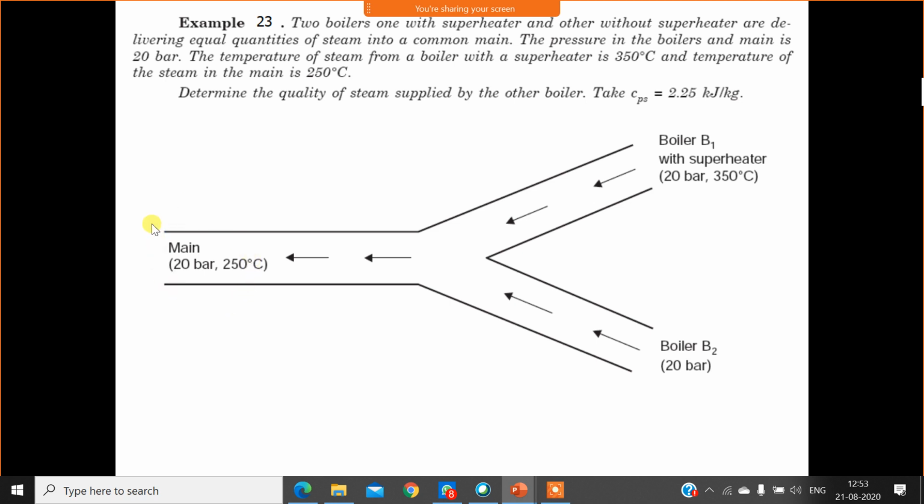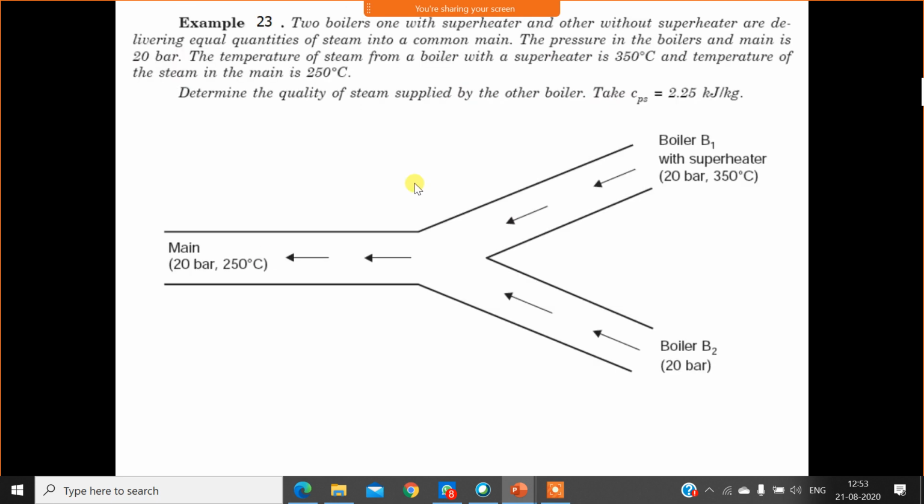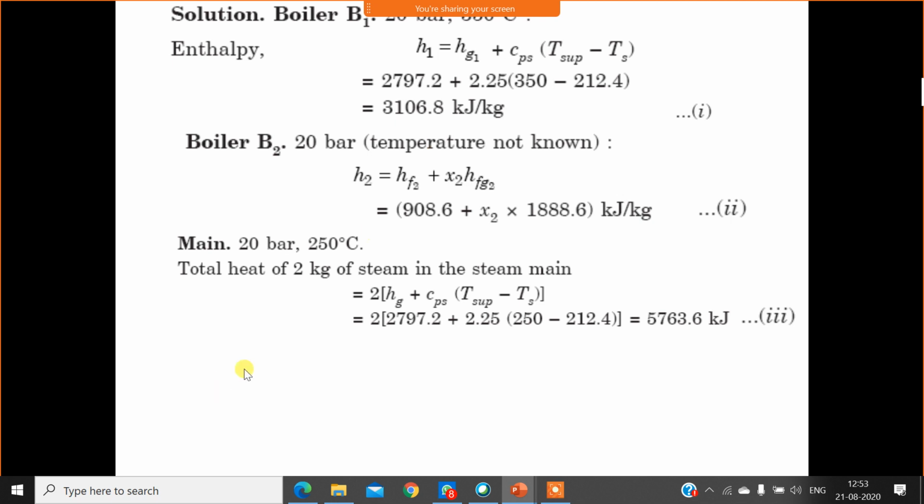The condition of the main is 20 bar and 250 degrees Celsius. It means it is a superheated steam, because at 20 bar the saturation temperature is 212, and 250 is greater than 212. Therefore, it is superheated. From the steam table, the total heat of 2 kg of steam in the main is 2 times (Hg plus Cp times (T sup minus T sat)).